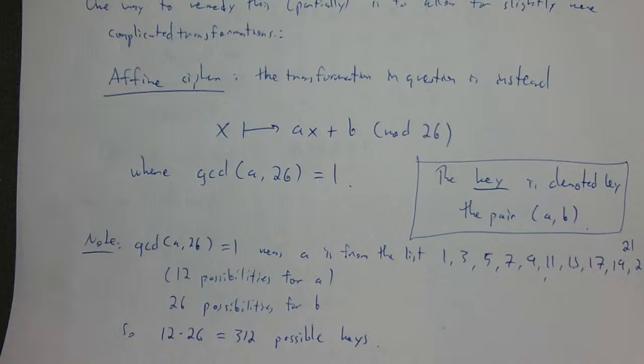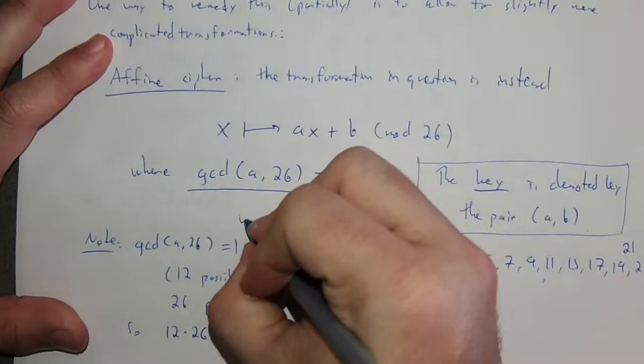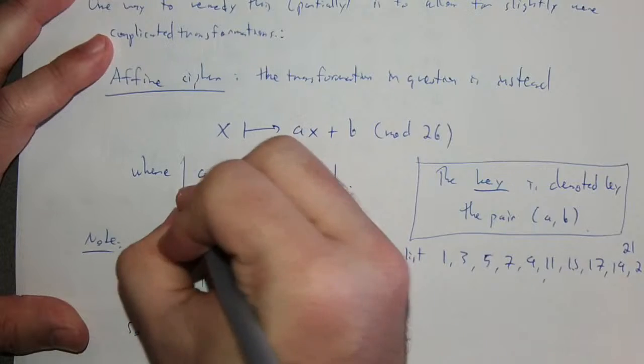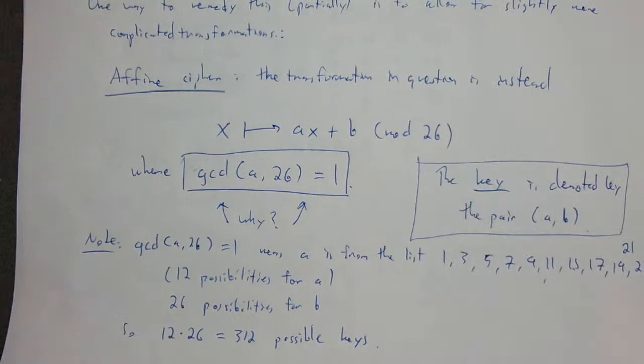And so the total number of possible keys using this method was reduced by the fact that I imposed this restriction on A. So naturally then there's a question. The question is, why impose that restriction at all? Why do I want this requirement?